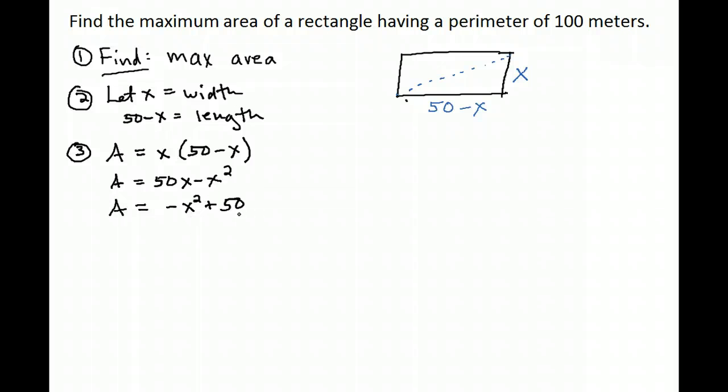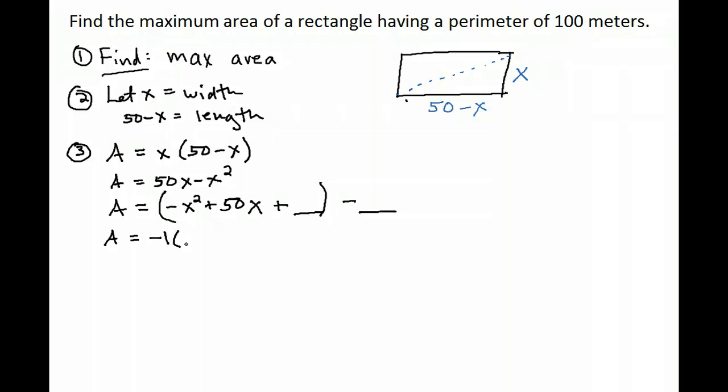Alright, this is a quadratic. It's missing the constant term, so it's relatively easy to complete the square. I'm going to add a blank and subtract a blank. If I put this in parentheses, I first have to pull out the minus 1.